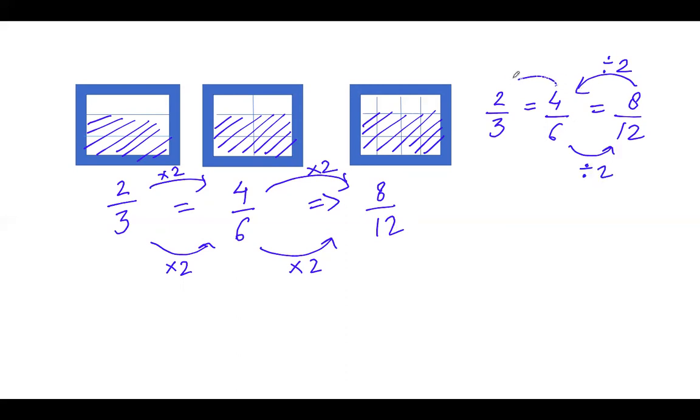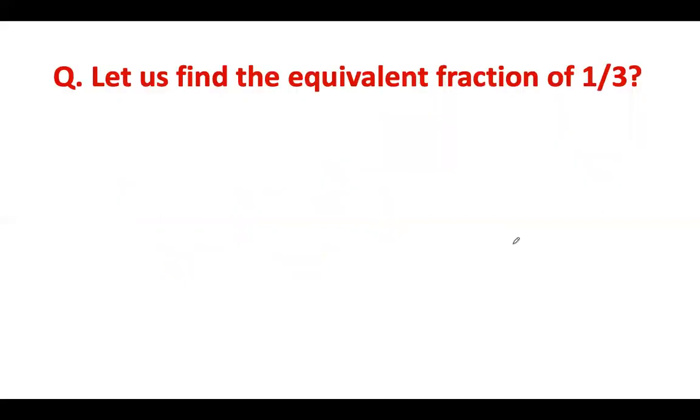When we divide 4 over 6 by 2, both the numerator and the denominator, we get 2 over 3. So we get these fractions by multiplying or dividing the numerator and the denominator by the same number. If the numerator and the denominator of a fraction are multiplied by the same number, we get an equivalent fraction. I hope you understand these things, right?